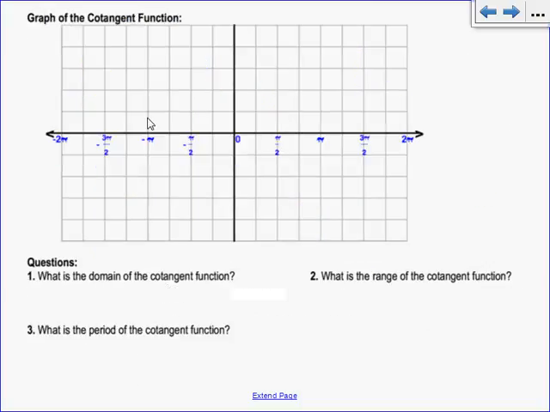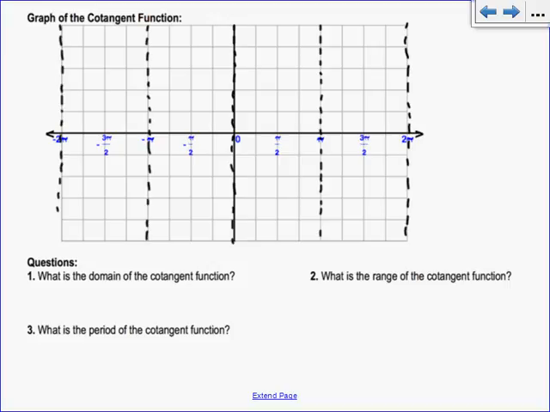So as I'm drawing out the cotangent function, I'm going to have vertical asymptotes at 0, pi, 2 pi, and so on. If you remember tangent, if I need to flip back, I can show you. Tangent started at 0, 0.